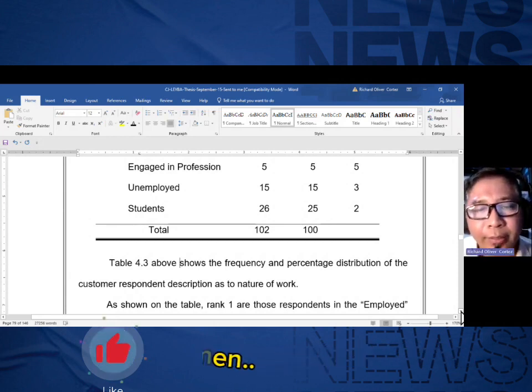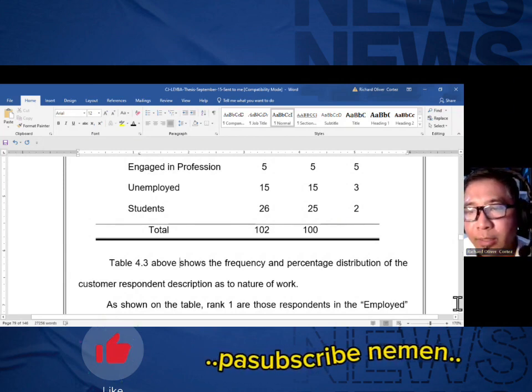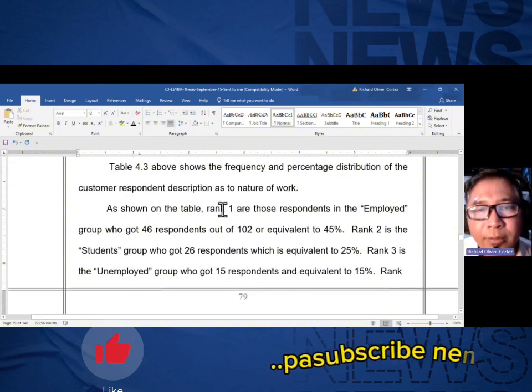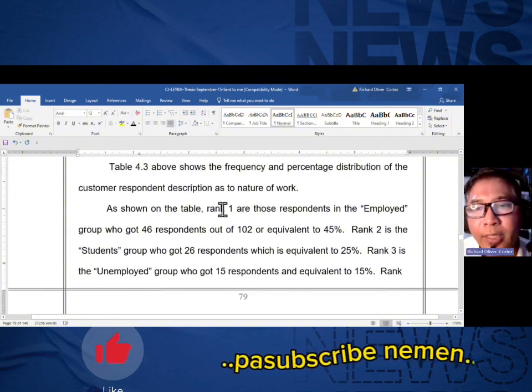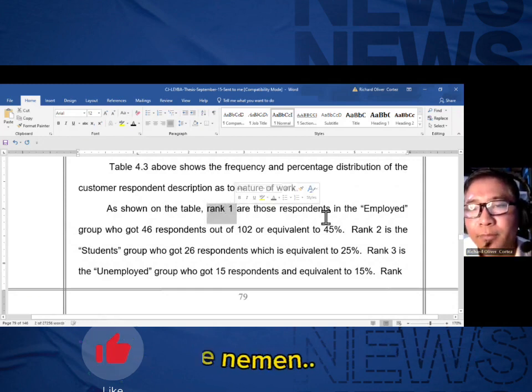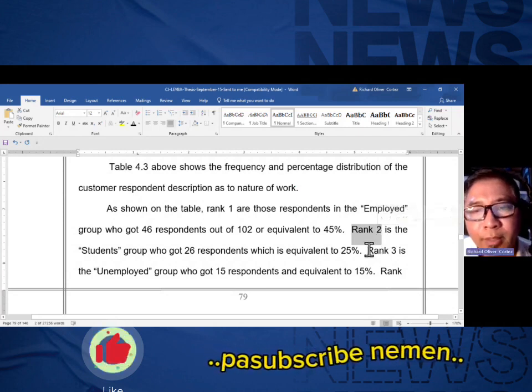Okay, so as shown in the table, rank 1. So the same story, we're going to discuss every rank used. So you're going to identify the top 3 in the ranking: rank 1, rank 2, and rank 3.